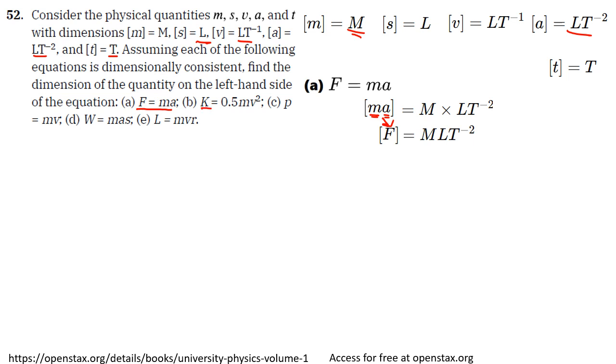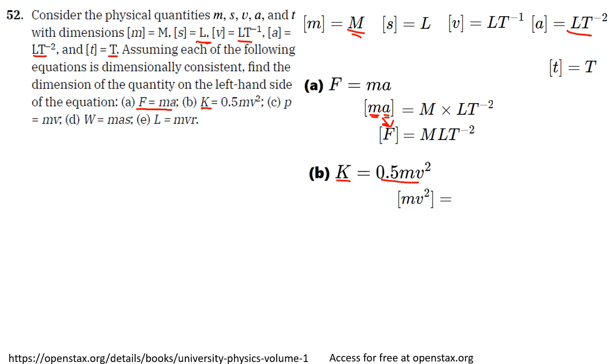Let's take the second one. This is kinetic energy, which is equal to 0.5 mass velocity square. So K is equal to 0.5 mv square. What is the dimension of the right hand side? The 0.5 is a constant we need not worry about.